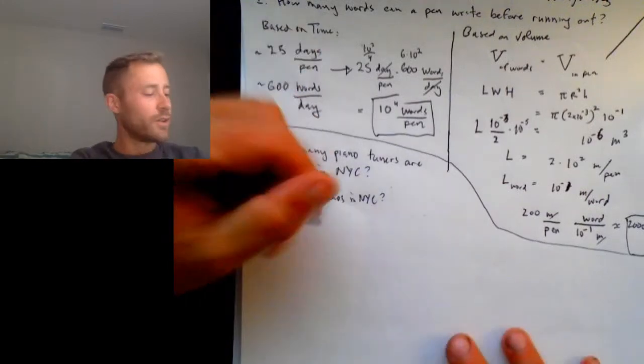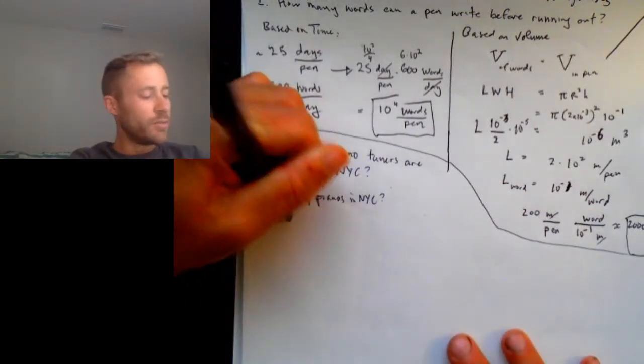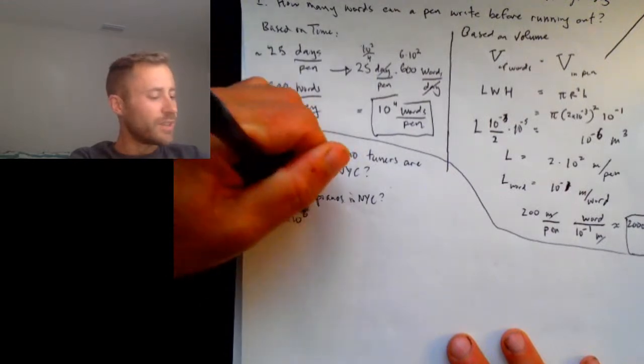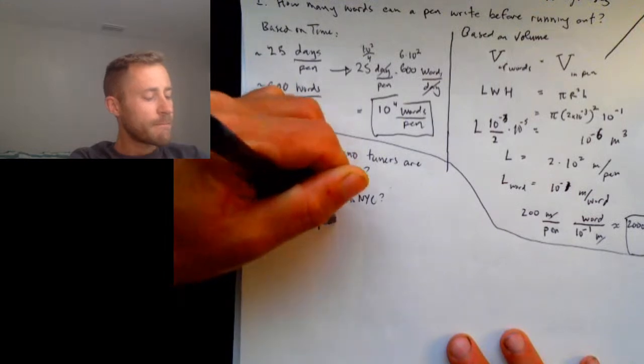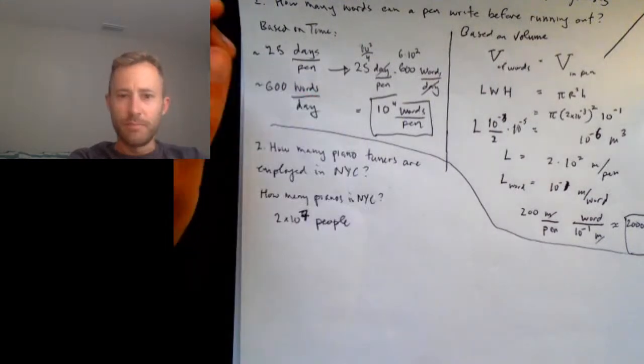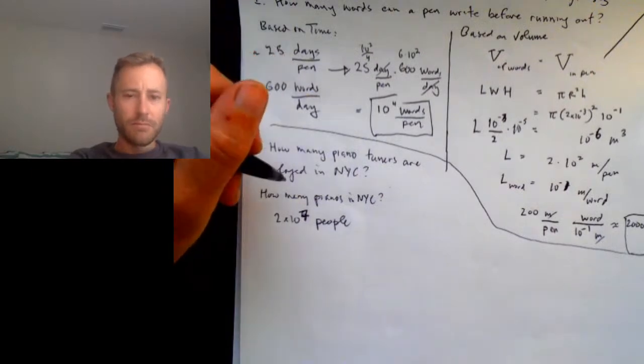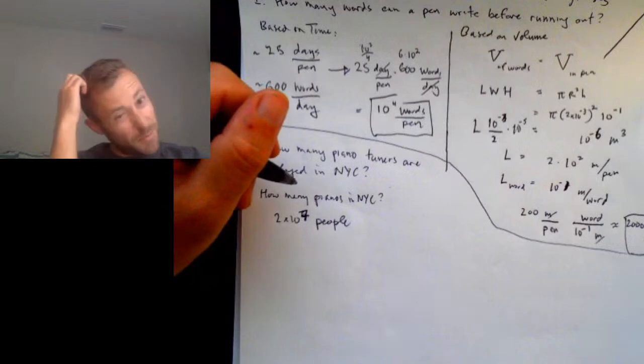So I'm going to guess 20 million people, 2 times 10 to the 7th people in New York City. Okay? And then there's one piano for how many people?